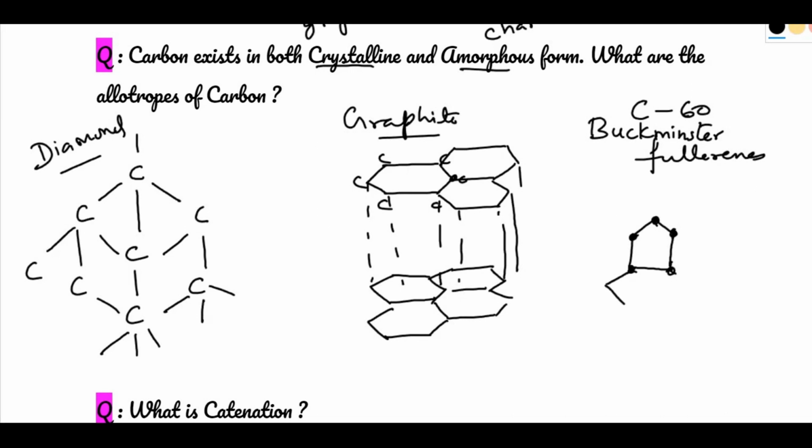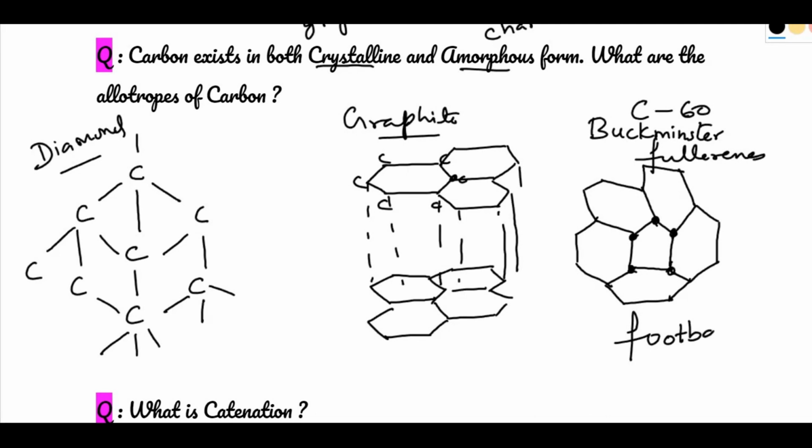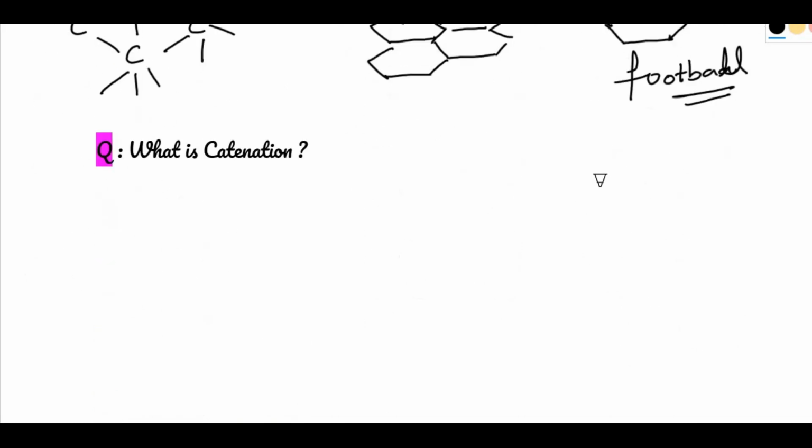Unless a pentagon is connected to a hexagon, the folding of the football will not come. Hexagons must be connected to pentagons, like this, and this needs a folding, and you get a football structure. Next time you go to the sports room and see a football, it is made up of pentagons connected to hexagons, and hexagons connected to pentagons.